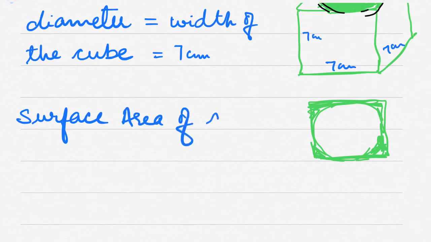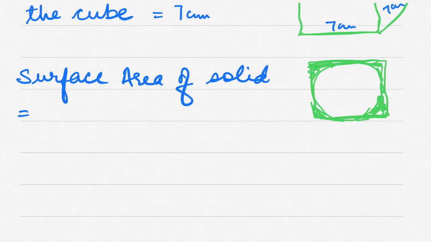Now the surface area of the solid. On the top I can see only the shaded part I have shown in this figure, and the circular part I cannot see.